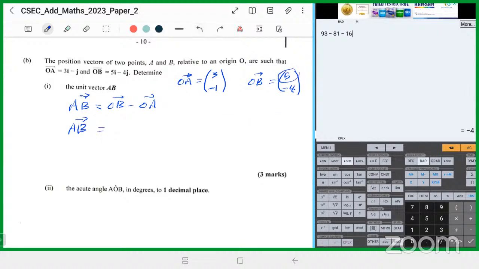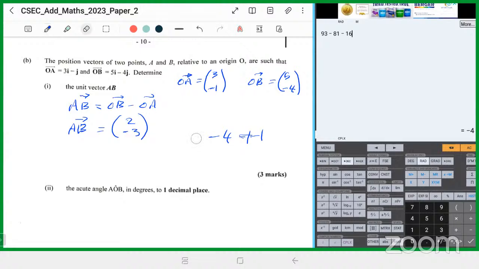So it is 5 minus 3, which is just a 2. And it is negative 4 minus a negative 1. So this minus becomes a plus, which is negative 4 plus 1, which is negative 3. So this becomes a negative 3.